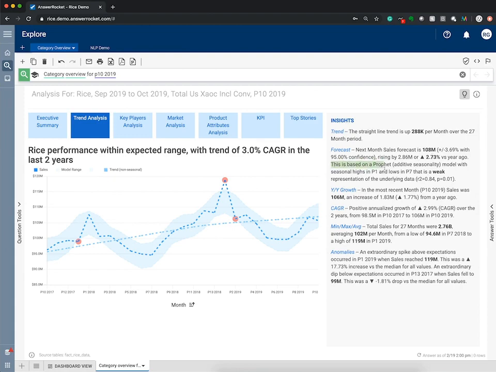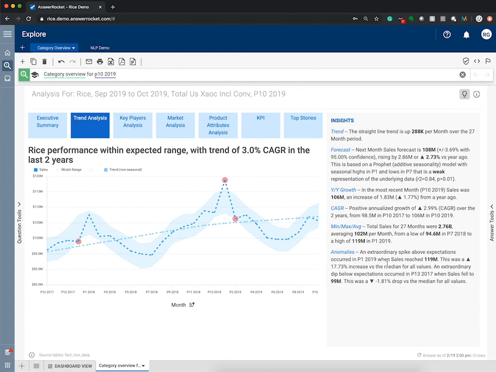That was based on Facebook's forecasting algorithm. Answer Rocket uses 6 different algorithms and then chooses the best fit model based on all the calculations we've done in the background. And in this example, it chose Prophet, which, like I mentioned, is Facebook's forecasting algorithm. I've got growth analysis, I've got CAGR, I've got min-max average numbers being pulled out.